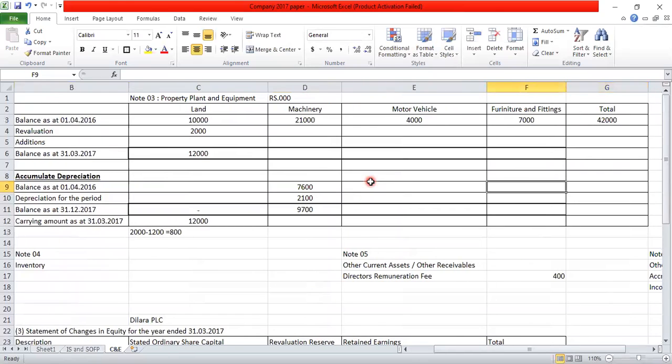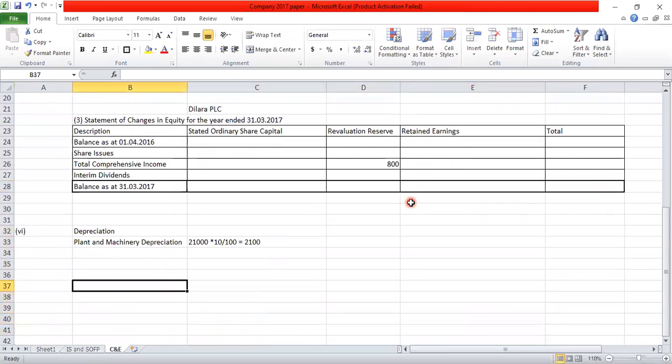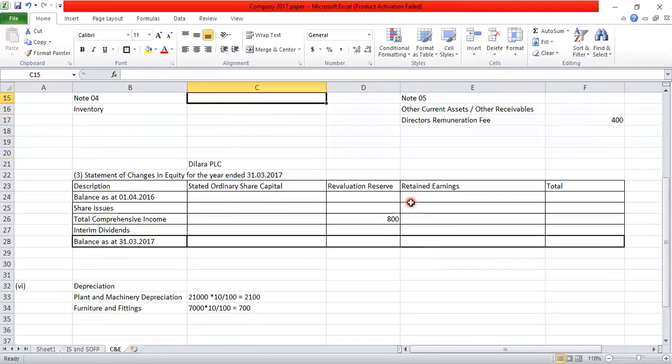Then when you are moving on to the furnitures and fittings, we are going to do the same thing, because 7,000 is the amount of cost we have. How much is furnitures and fittings? Furnitures is 7,000. Let me take 7,000 into 10%. So 700. So I'll consider depreciation for the 700.